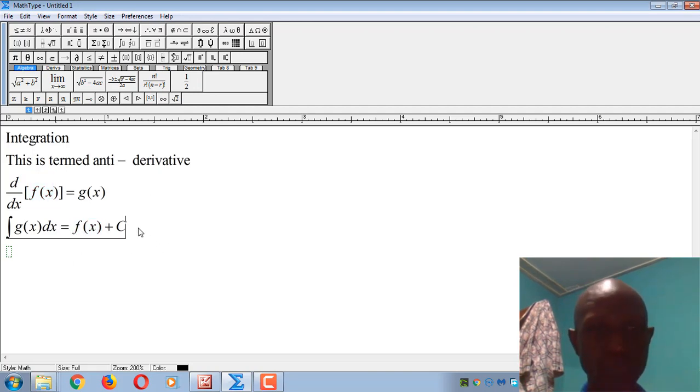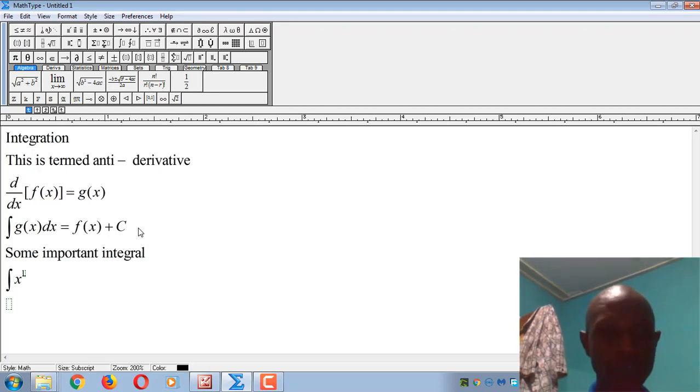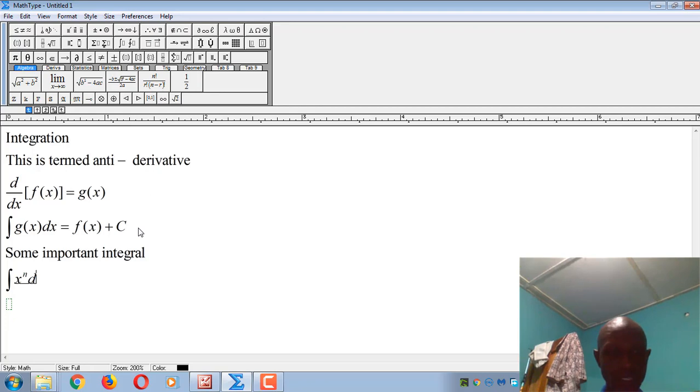So now we have some important integrals. The first one, which I feel is the most important, is the integral of x raised to the power of n dx.